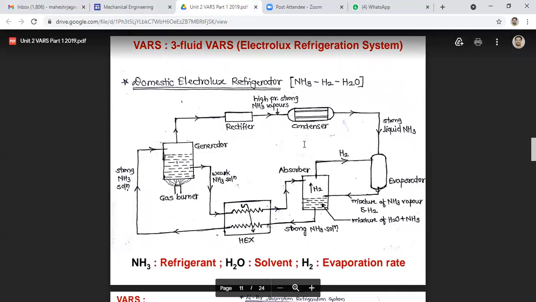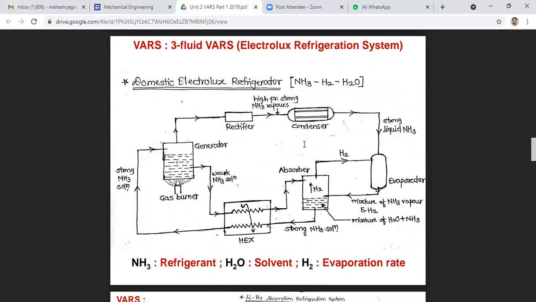Now the next point we are going to see is the three fluid vapor absorption system. Now, in this three fluid vapor absorption system, we are also calling it an Electrolux refrigeration system.